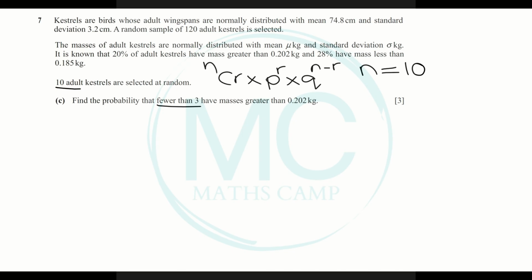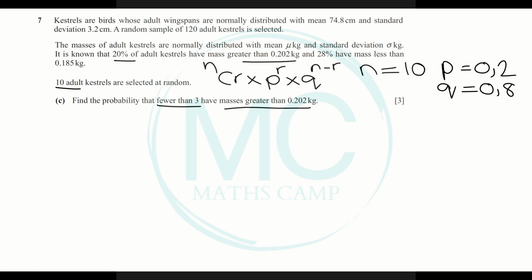The question tells us that we are looking at the masses greater than 0,202, and from part B, we saw that 20% of these birds have a mass greater than 0,202. This means that our probability P is equal to 0,2 and Q is equal to 0,8.